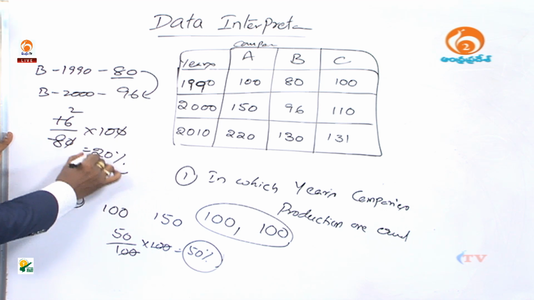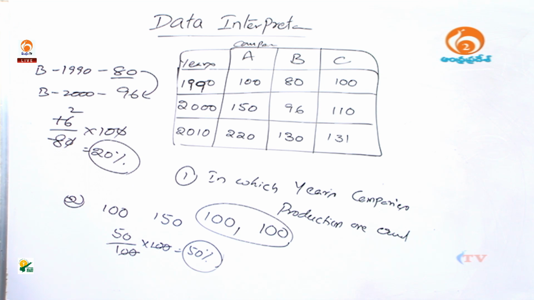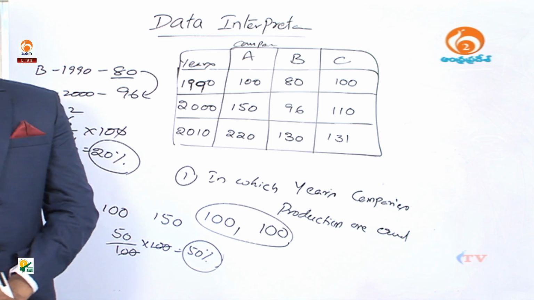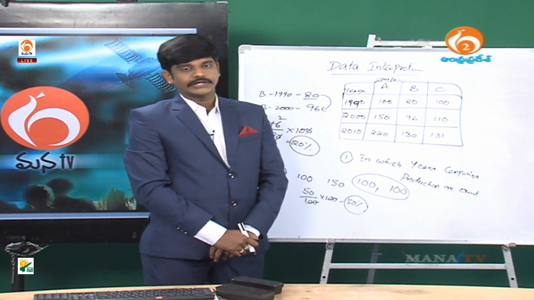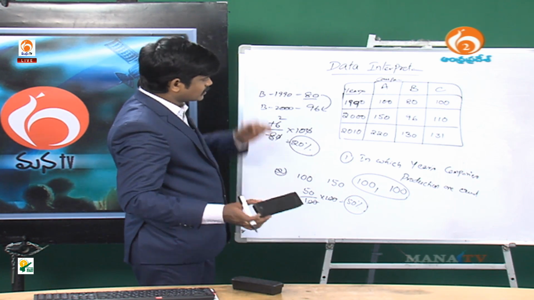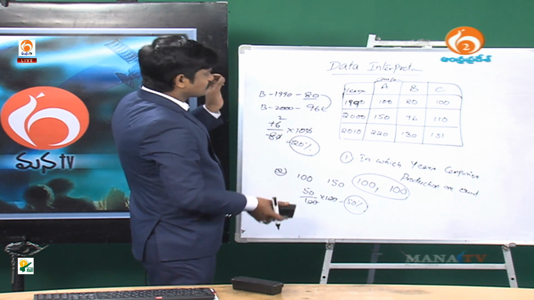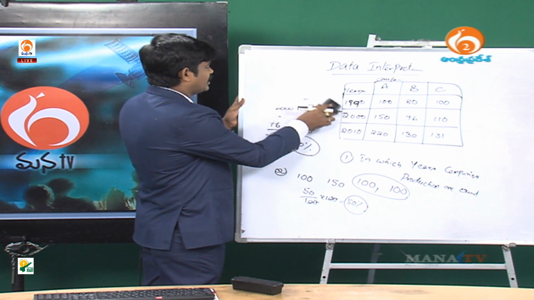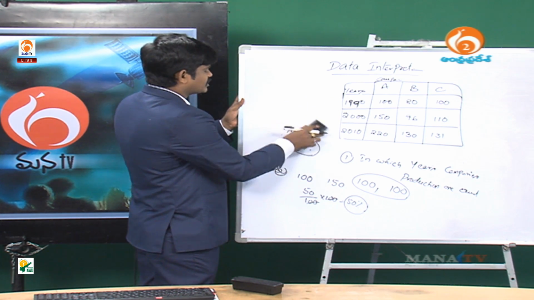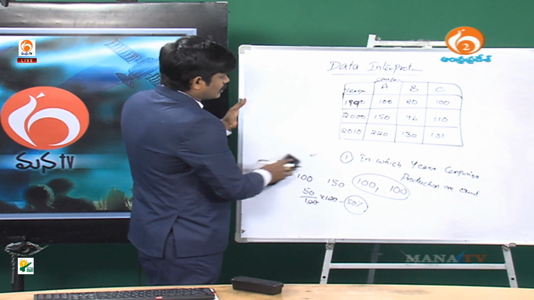The value increases by 20% in company B from 1990 to 2000. Next, for example, which company's production is decreasing in the given table?